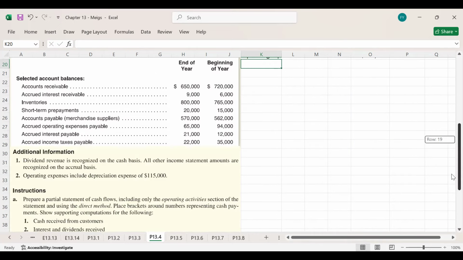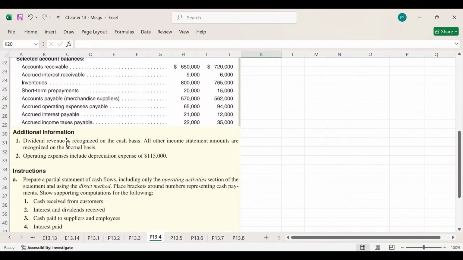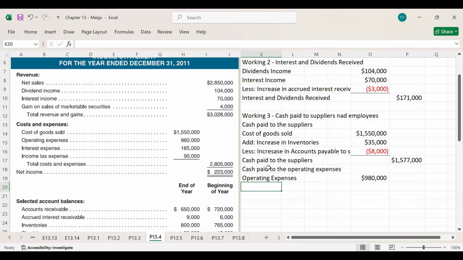So you can see that in additional information, we have $115,000 of depreciation. So we are going to deduct it, less depreciation expense, because depreciation expense is a non-cash expenditure.